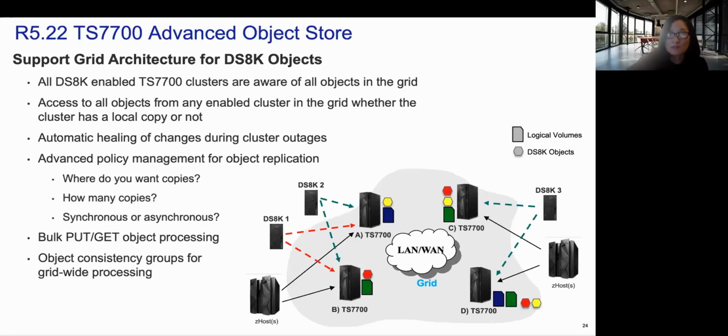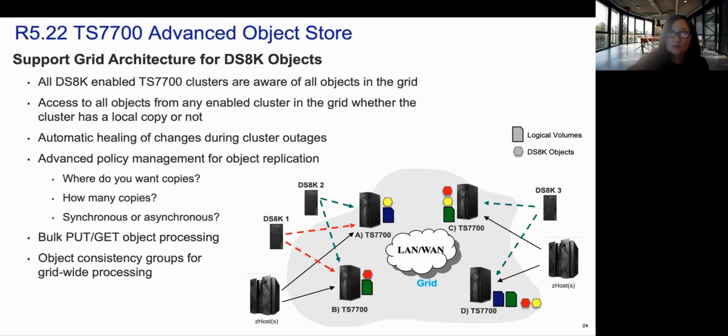So a zOS is all set up, and now you need to make a copy or write a piece of data that'll go out to backend storage. DS8000, and we'll use DS8001 here as an example, goes out and writes the red object to cluster B. And cluster B says, I'm going to replicate this data based on my policy. It's going to C and D, so it does that right.